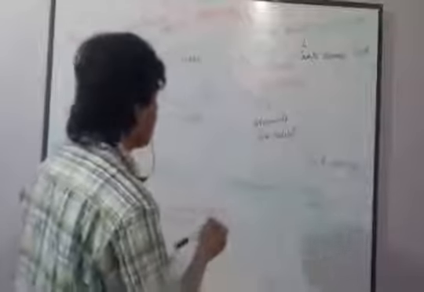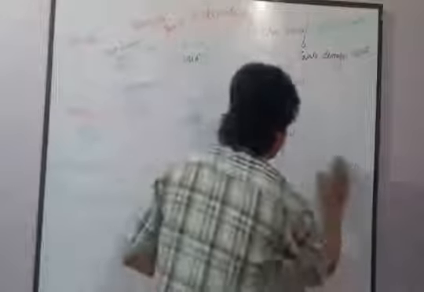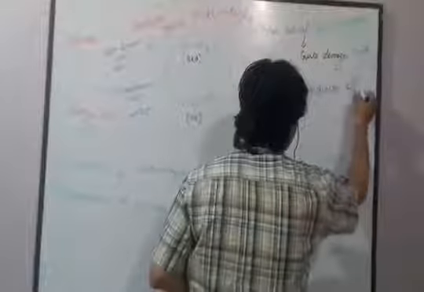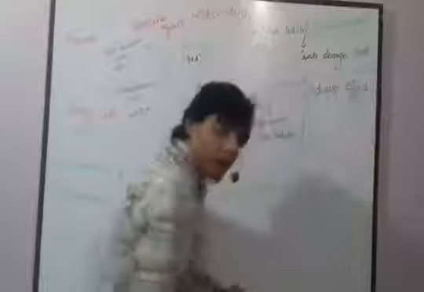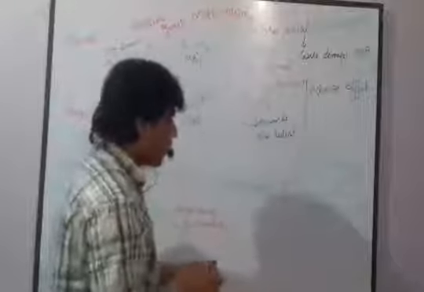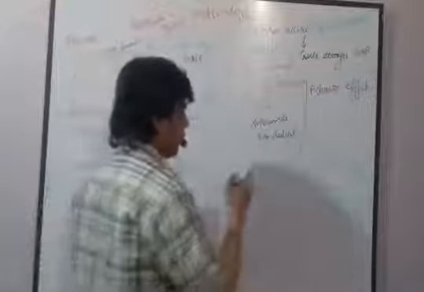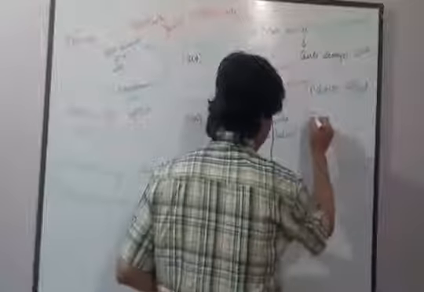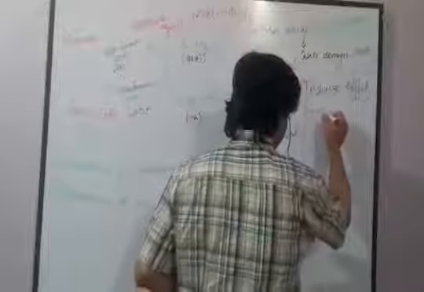Now let's talk about the side effects of this drug. So let me write here. Which kind of adverse effects are activated in our body? The adverse effects will be headache.